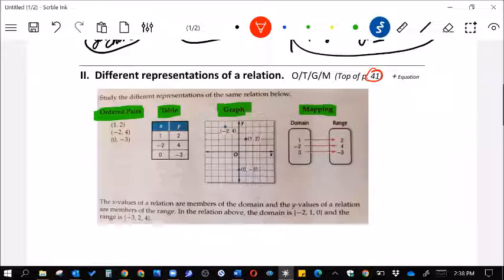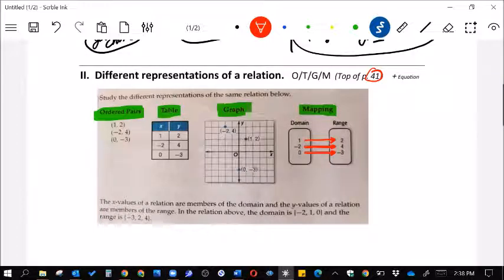The 1 and the 2 match up, therefore the 1 in the domain matches the 2 in the range. The -2 in the domain matches with the 4, and the 0 matches with the -3. Sometimes a line might go diagonal. That's acceptable. There's nothing wrong with it.